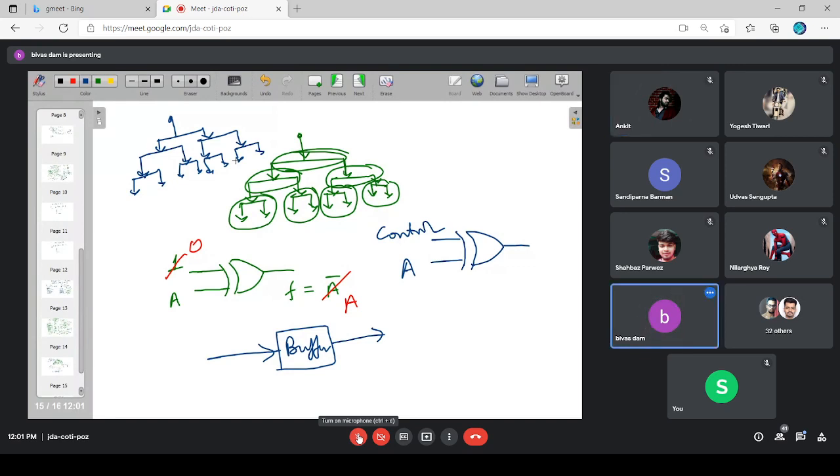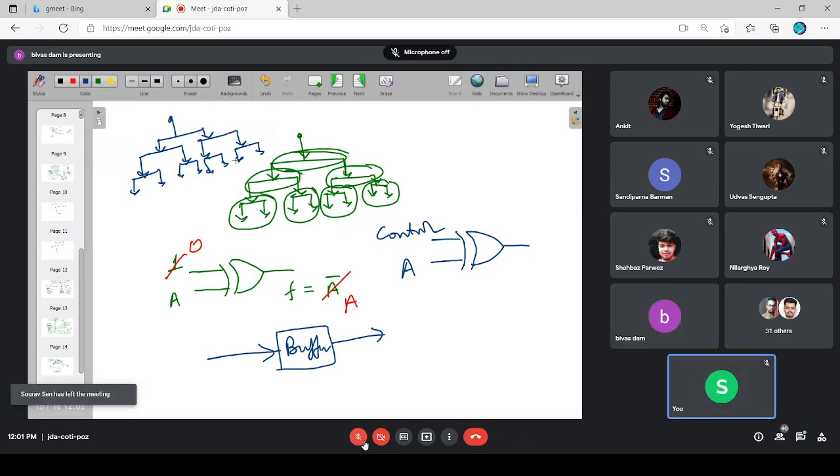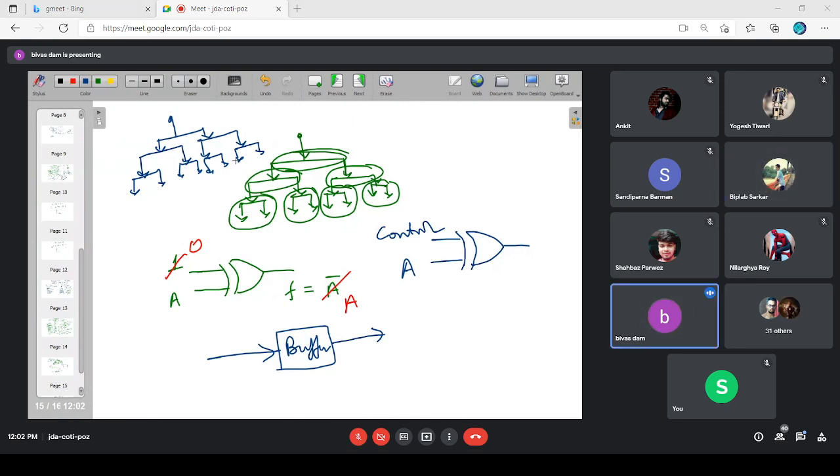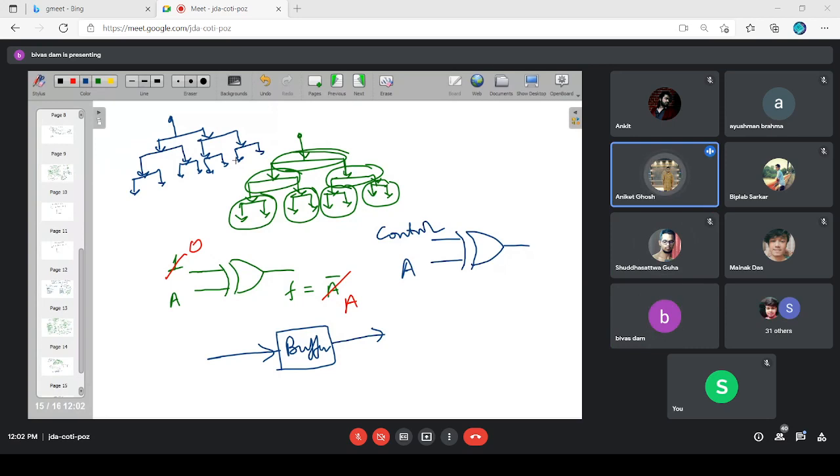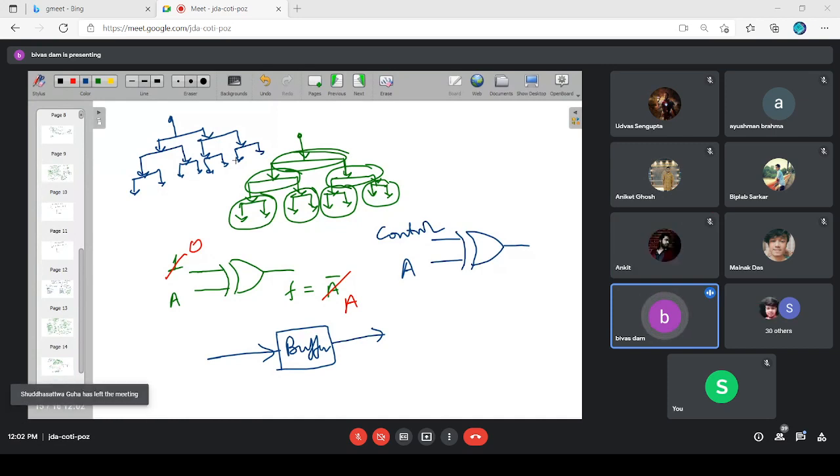Saurabh Sen? Absent. Sir, Arnav was there in the meet, but he got left out recently due to poor network.